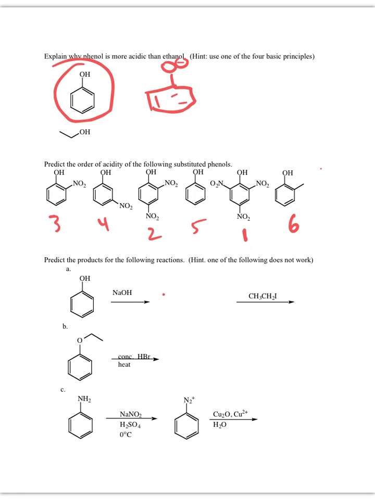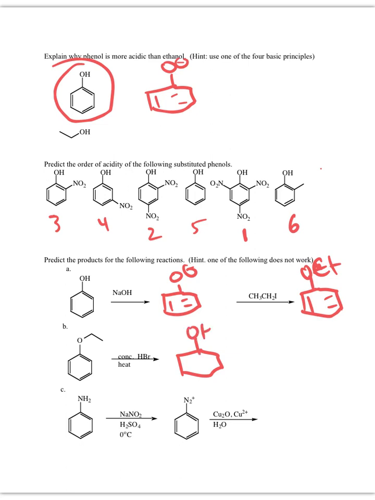If we add hydroxide to a phenol, we're going to take the hydrogen off because hydroxide's a base, phenol's an acid, and then we're going to make the ethyl ether in an SN2. We're going to make phenol and ethyl bromide with that.